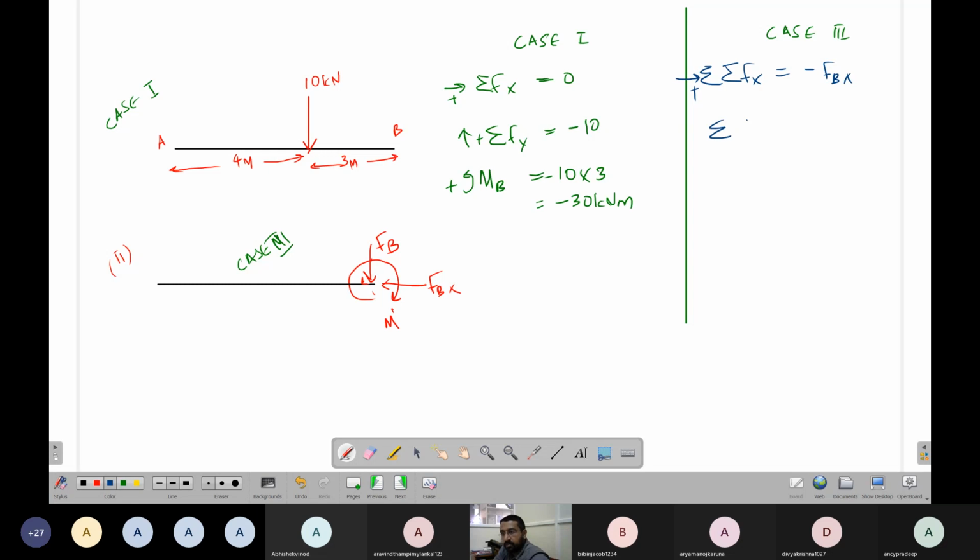What is summation of forces in Y direction? Up is positive. It is minus FB. What is moment about B? Anti-clockwise is positive. So anti-clockwise, it is clockwise, minus M. Okay, so sorry, this is anti-clockwise, so this will be positive.